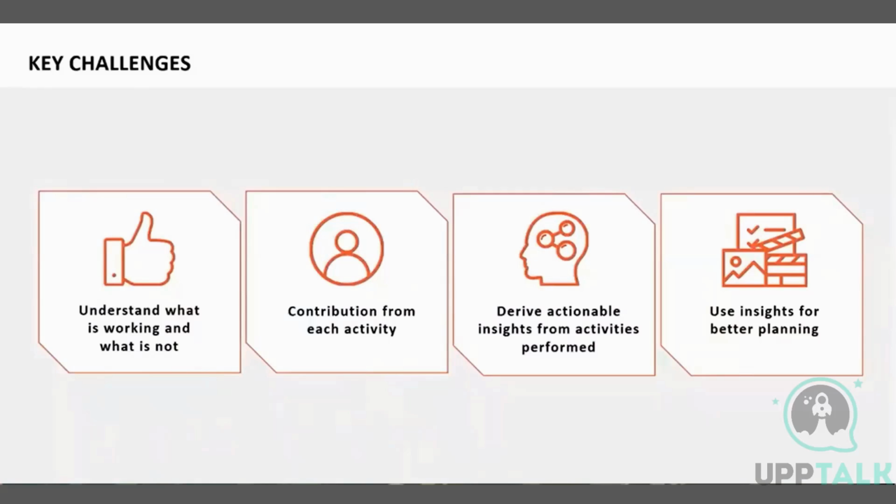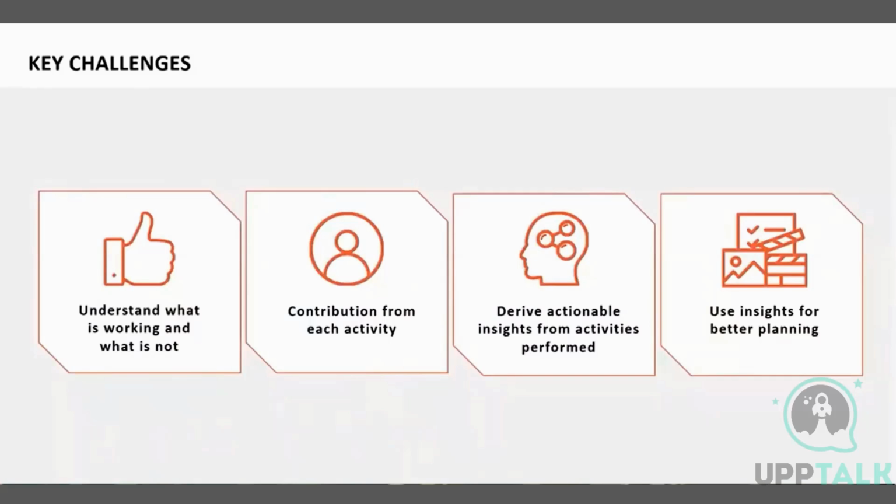Contribution from each activity, that's basically the part of consideration that happens. We need to understand, or I was talking about attribution, right? Each activity has its own contribution towards the end conversion, and that is something which Datarama understands pretty well.